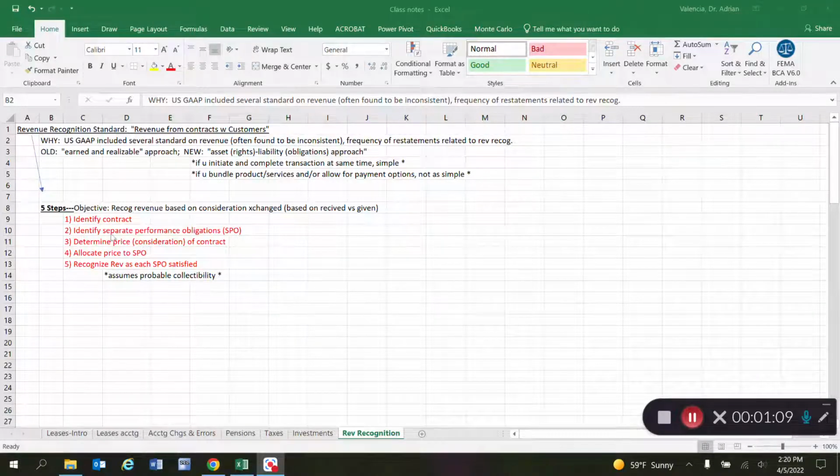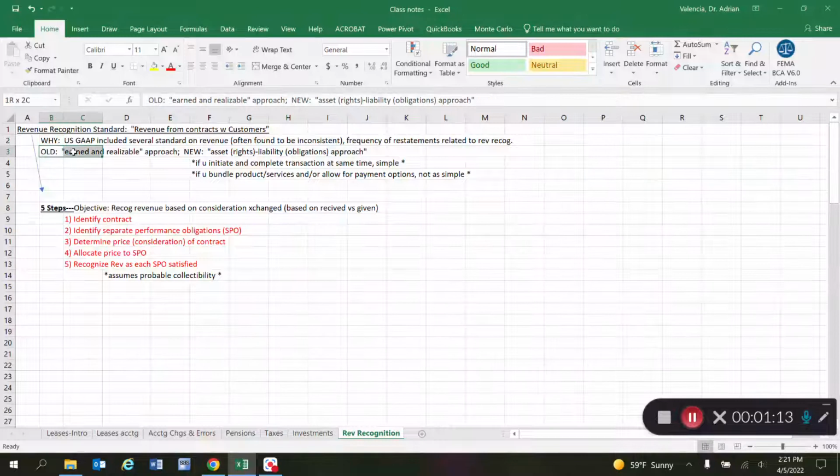In the old days, the idea of revenue recognition was based on whether you had earned that revenue and whether that amount was realizable.